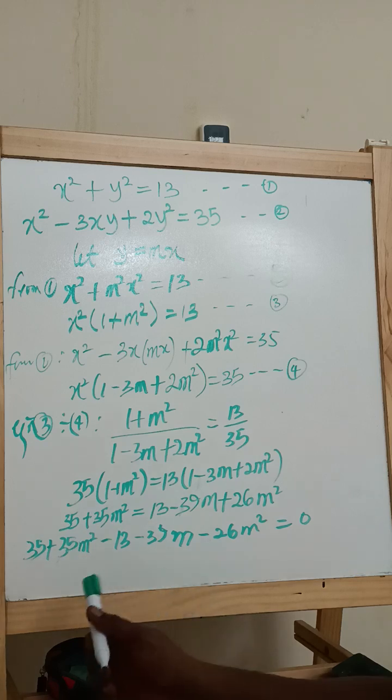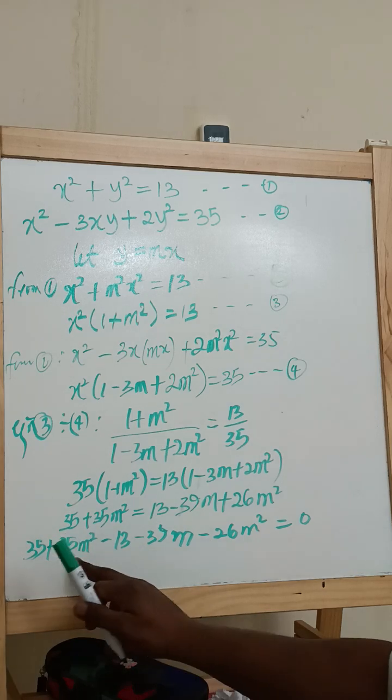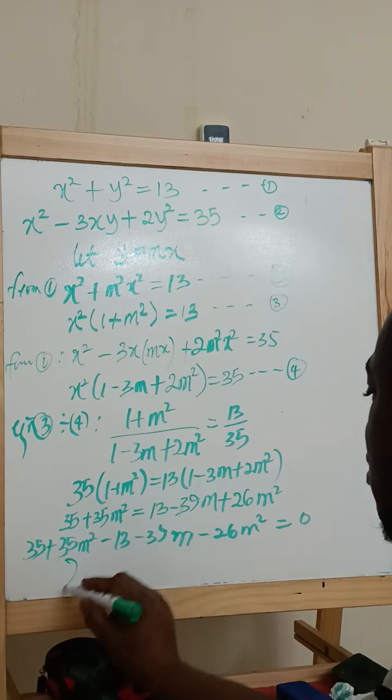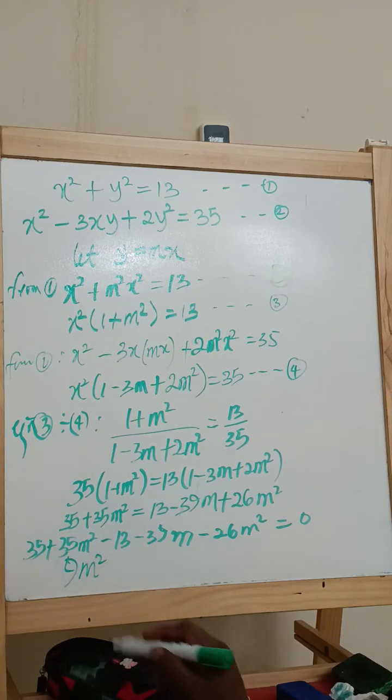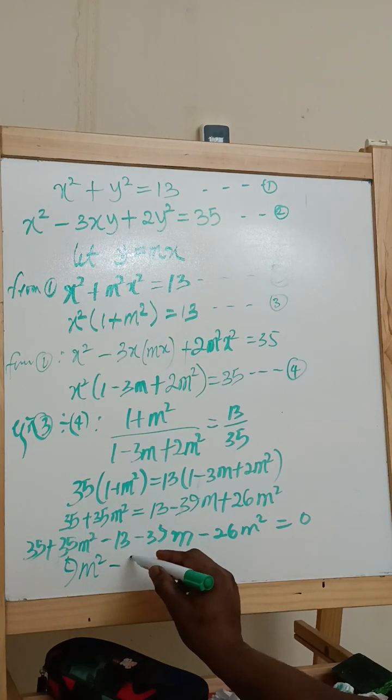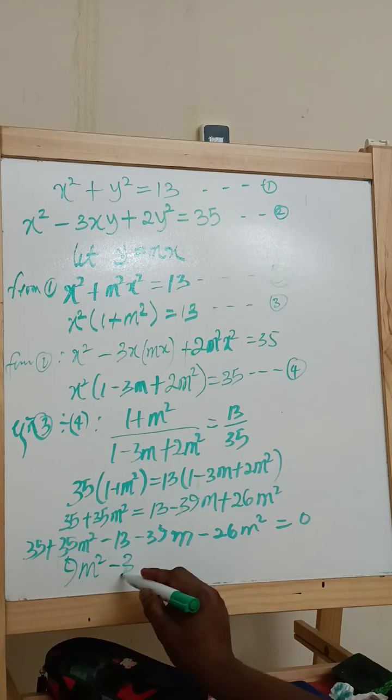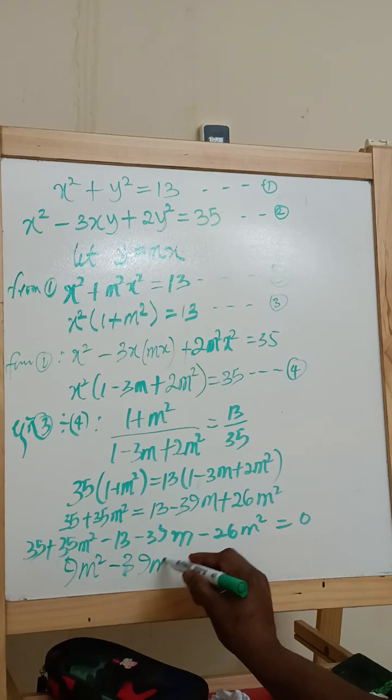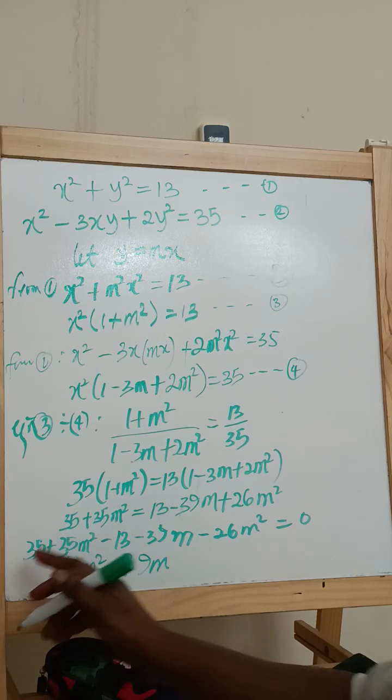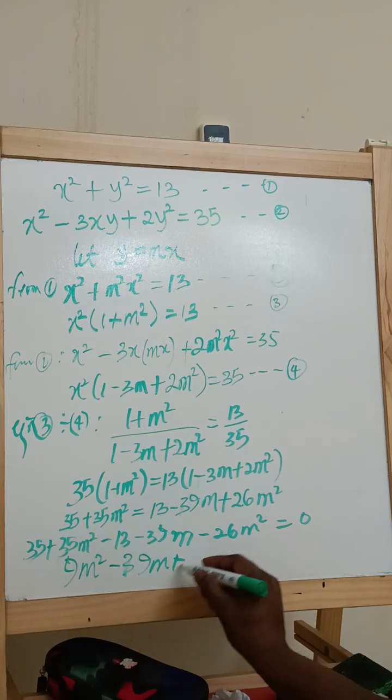So what are the things that can be added together? We have 35 minus 26, so that will be 9m squared. Then minus 39m. Then 35 minus 13, that's 22.